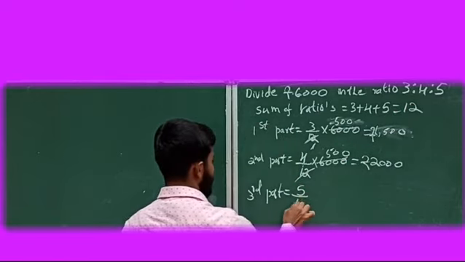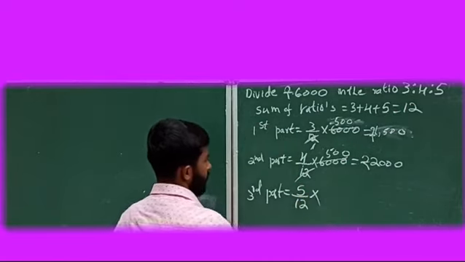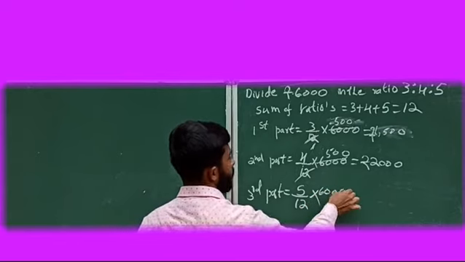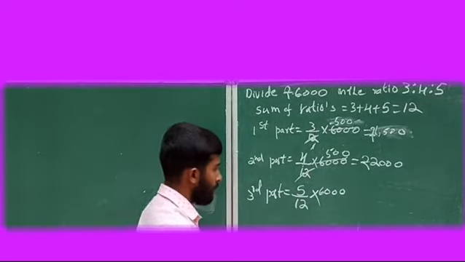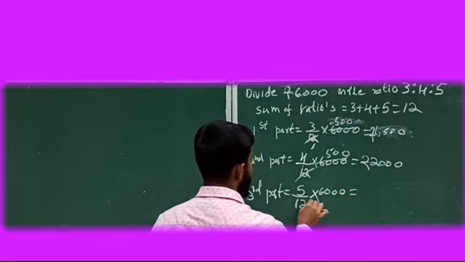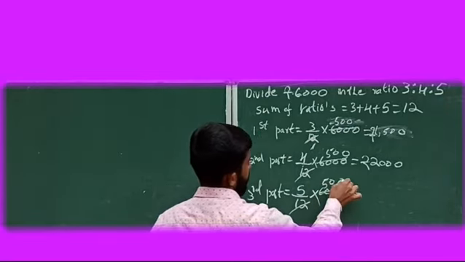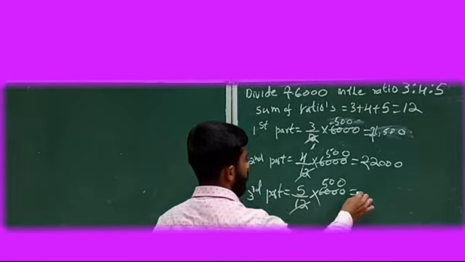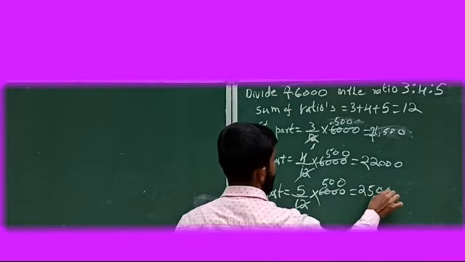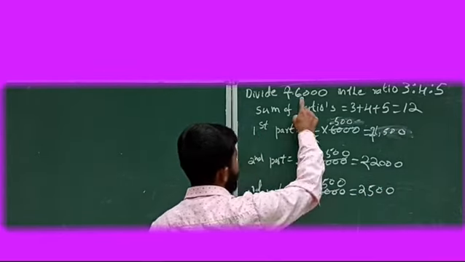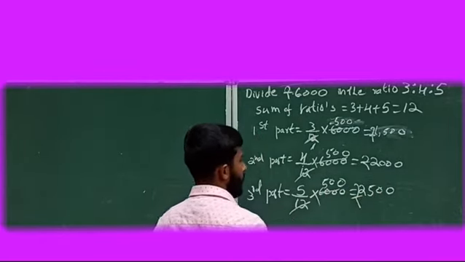Third part is 5 out of 12 into, what's the total sum? Total sum is equal to 6,000 rupees. Then it's equal to, here 500, then multiply 500 by 5, it's equal to 2,500. Here rupees is given, so here also you need to mention rupees.